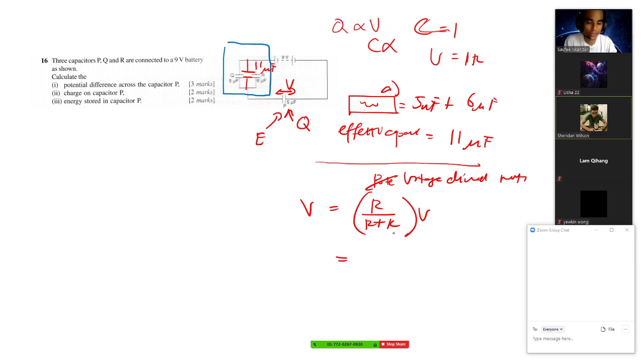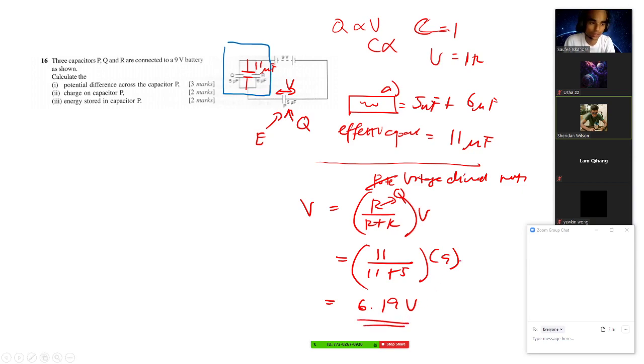So we can substitute this R into Q. So we have 11 divided by 11 plus 5 times back with 9. So we end up with 6.19 volts. So exactly, number 16, one is 6.19 volts as the answer.